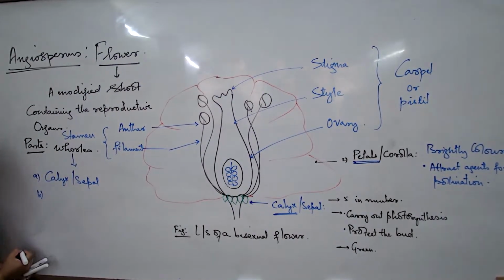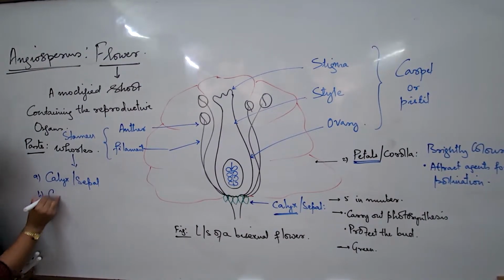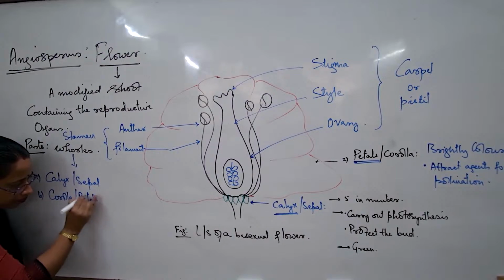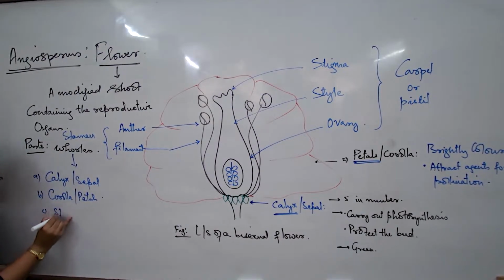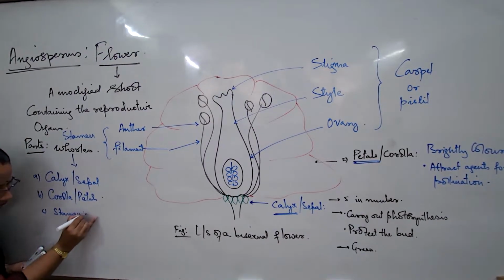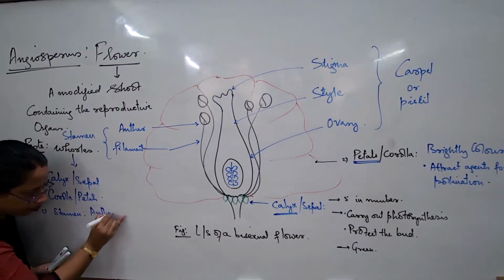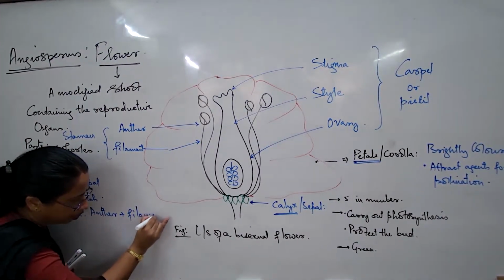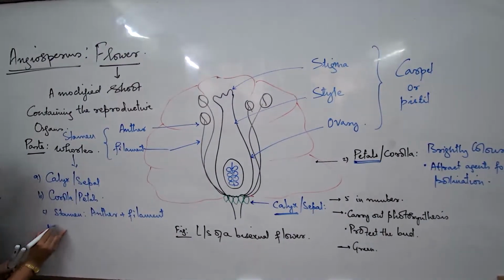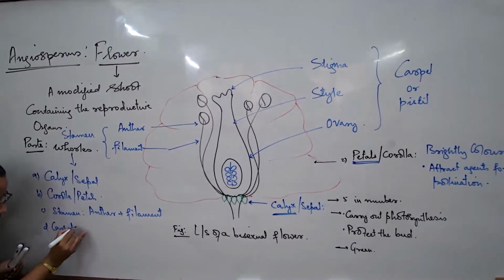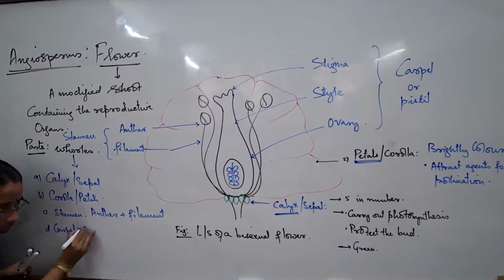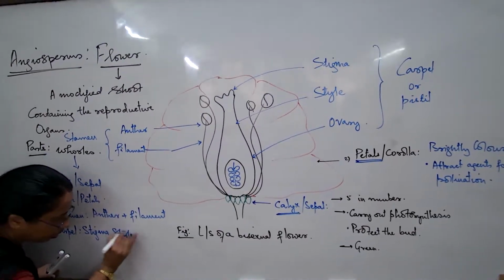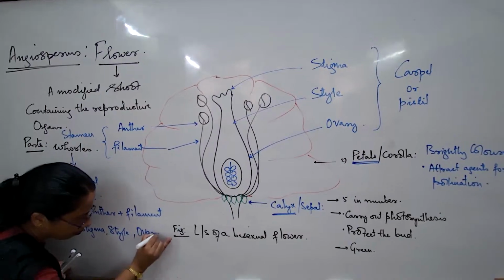We discussed already the function. Then we talk about the corolla, also known as the petals. I talk about the stamen consisting of the anther and the filament. And I talk about the carpel or the pistil, consisting of the stigma, the style and the ovary.